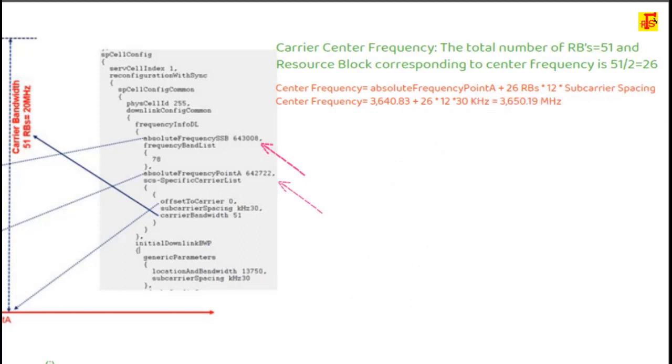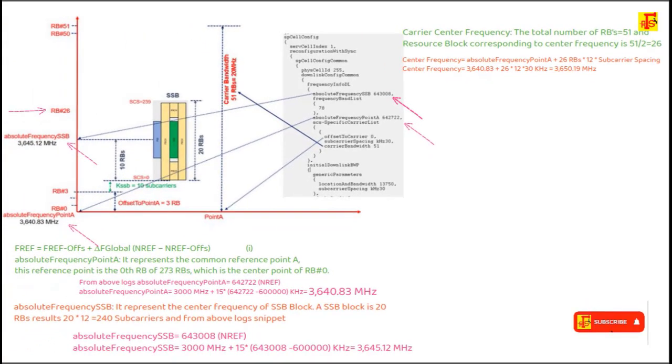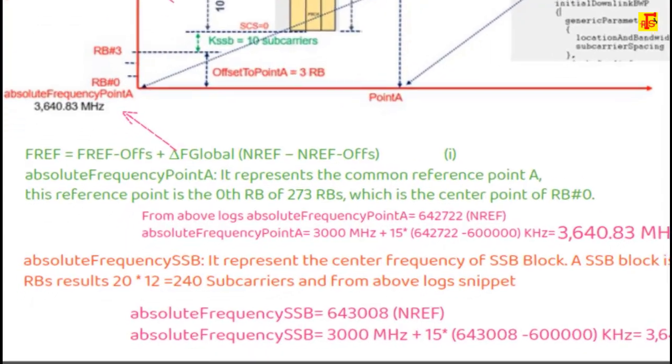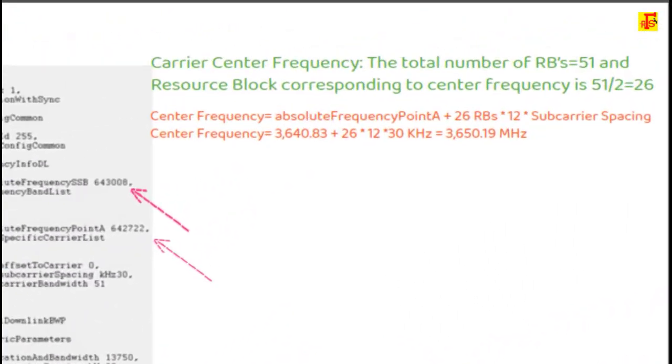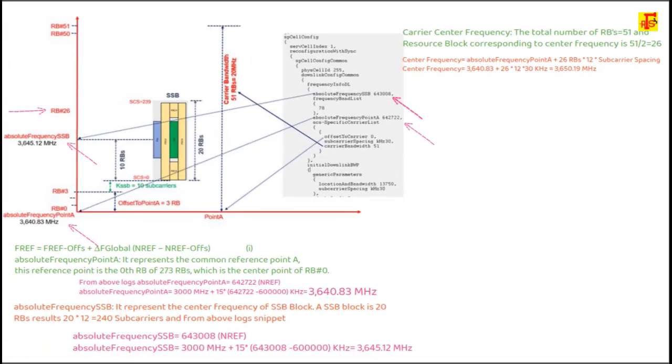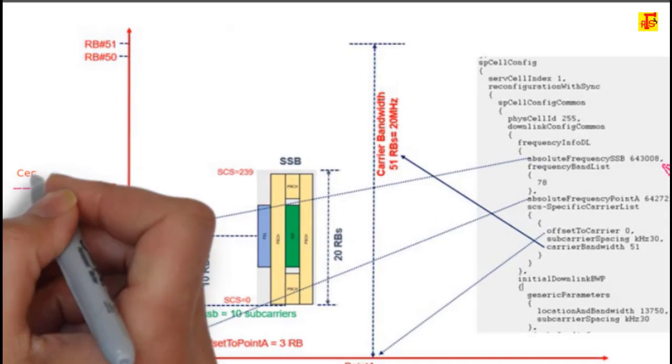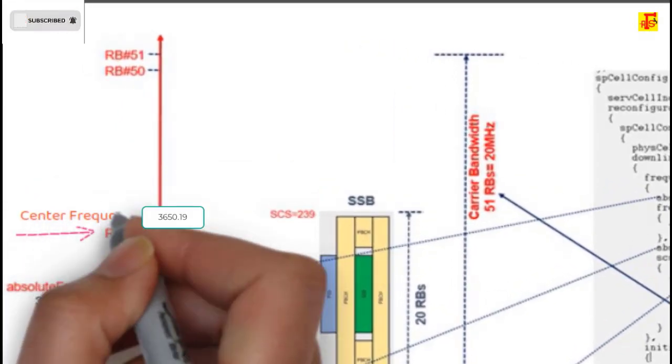Absolute frequency point A is the 0th RB of 273 RB. So center frequency equal to 3640.83, right? Plus 26 into 12 into 30 kilohertz, right? So when you calculate it, it will come around 3650.19 megahertz. This is the center frequency.